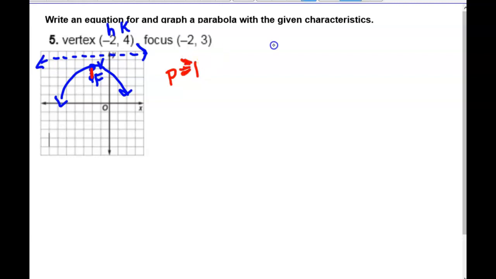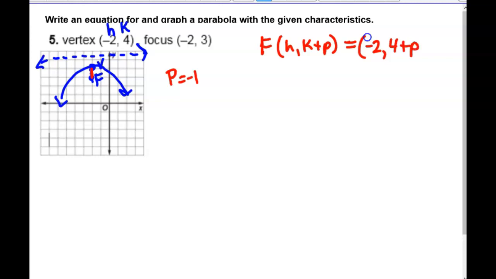Okay, that's a mess. Again, if you realized it opened down and you looked at your sheets, the focus is supposed to be at (h, k plus p), and we know that h is -2 and k is 4, and our focus is at (-2, 3).